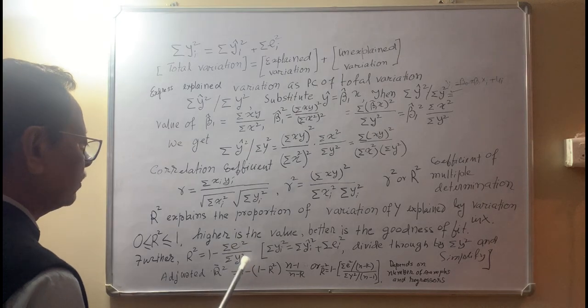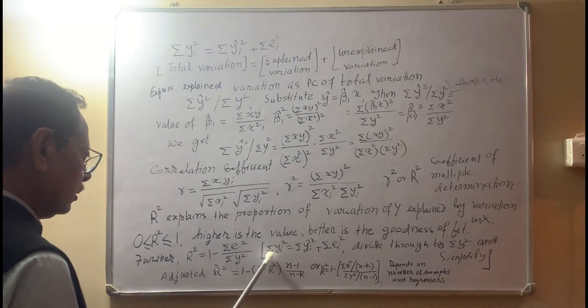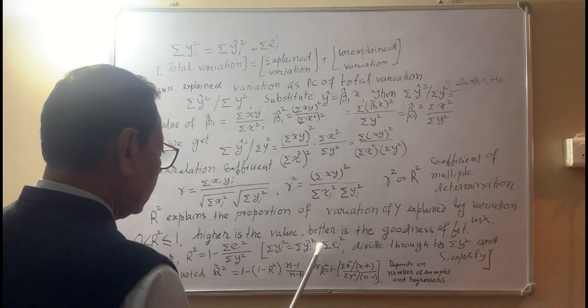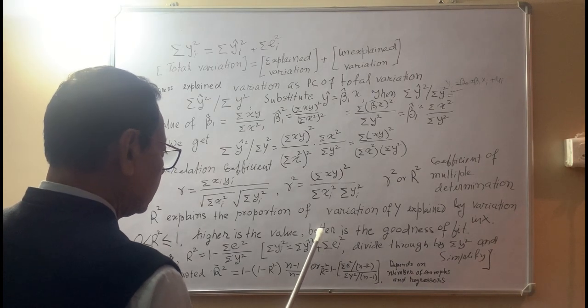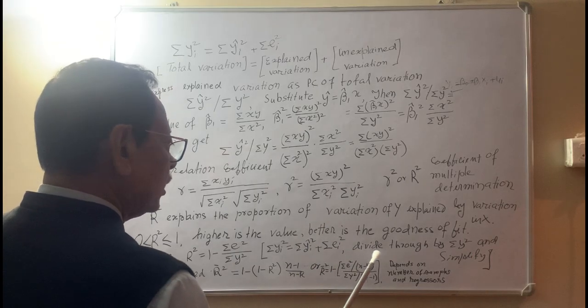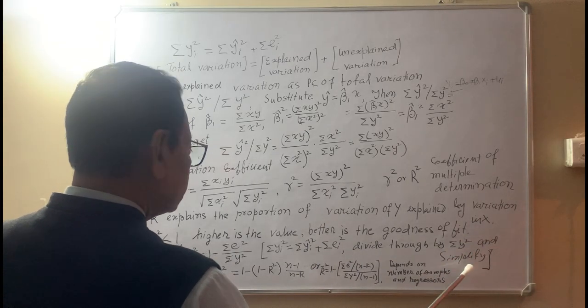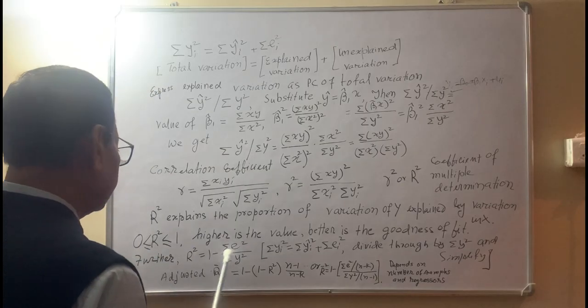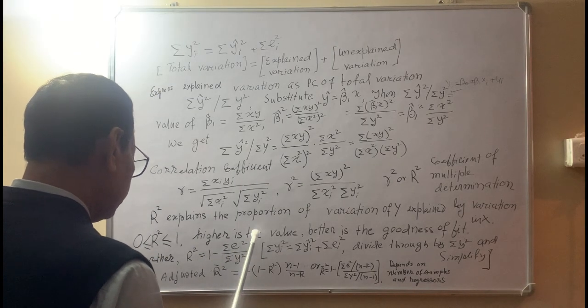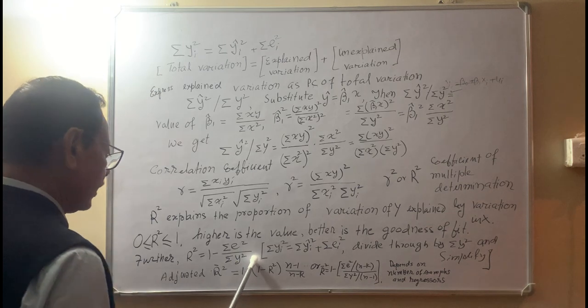So we can split up: summation yi square is equal to summation y estimated square plus summation ei square. From this, divide through by yi square and simplify, then you will get this. R square is equal to 1 minus summation ei square by summation yi square.